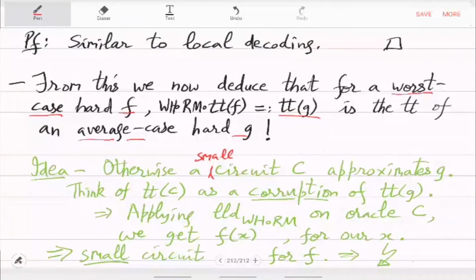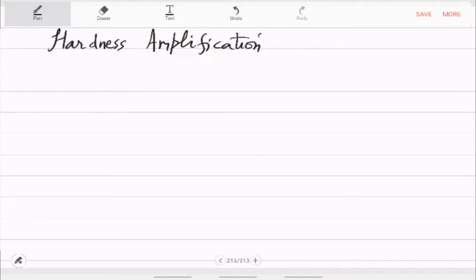So let me just state the theorem and then stop. Hardness amplification. This theorem is by Impagliazzo-Wigderson.